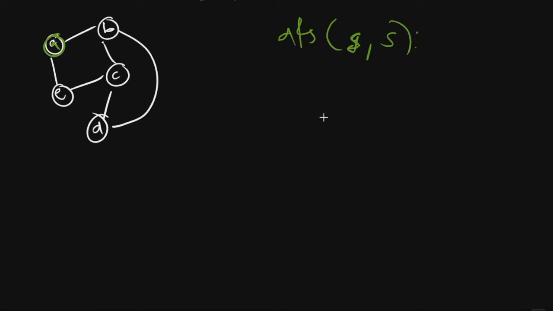So what I will do is, for C, which is a child, in G of S, the start node.